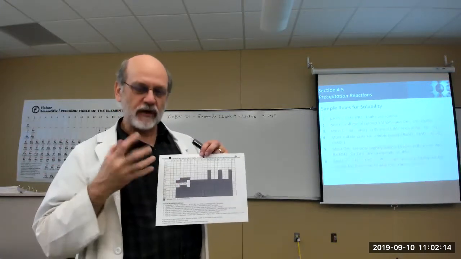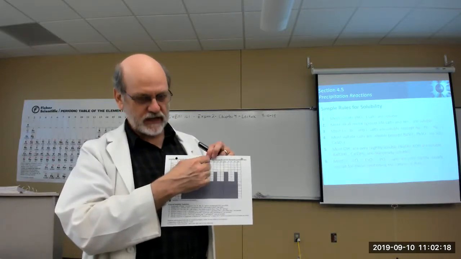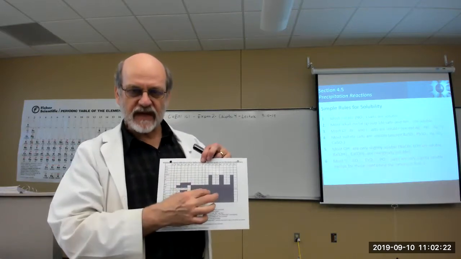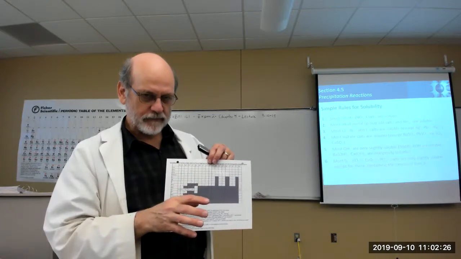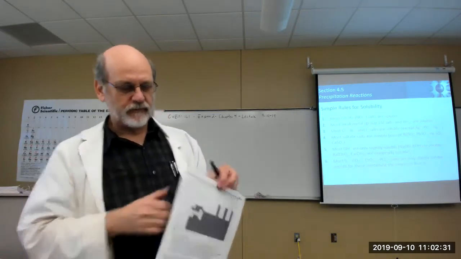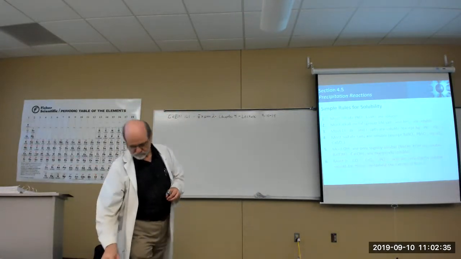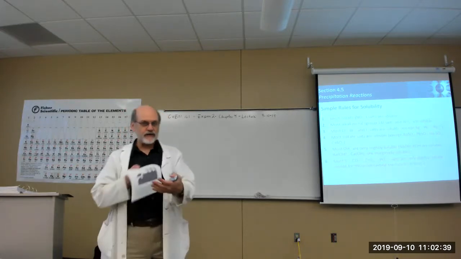To combine an anion with a cation, you just find the ones that you're interested in and follow them until they meet. And the block where they meet, if it's grayed out, they're insoluble. Whereas if it's clear, they're soluble. This will be included on the exam, along with the rules that are at the bottom of the page.